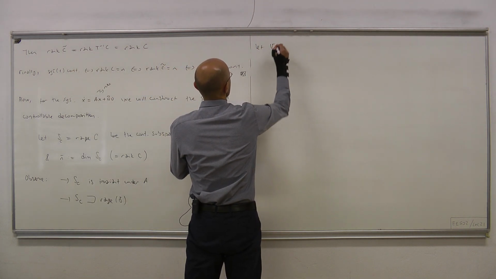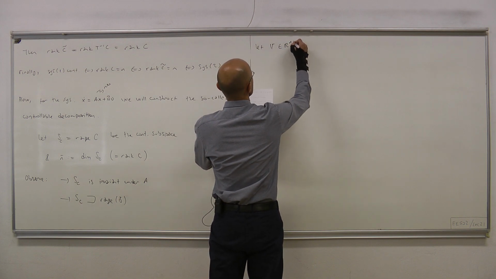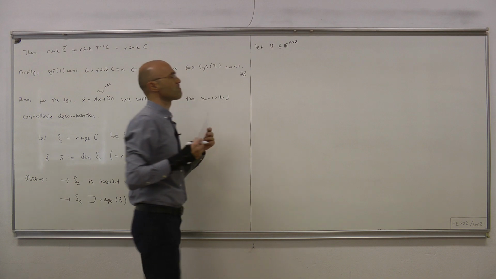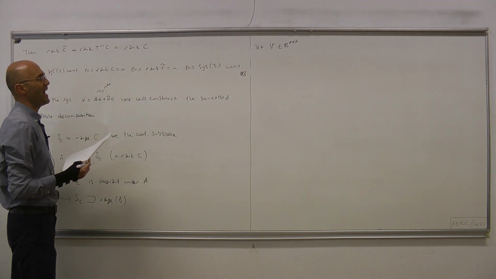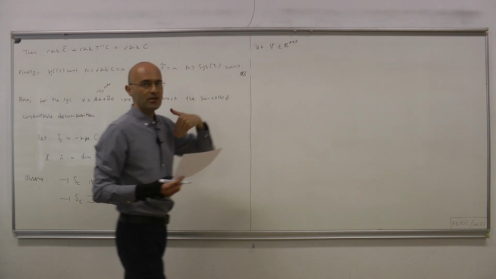Let V be a matrix that has n bar columns, and each column is a vector in R^n.